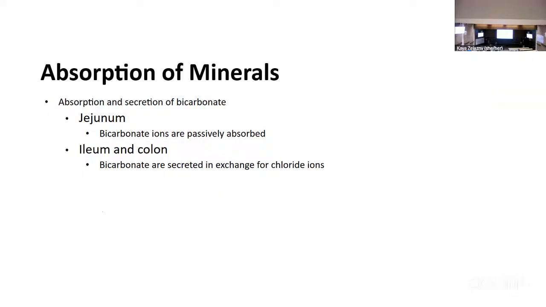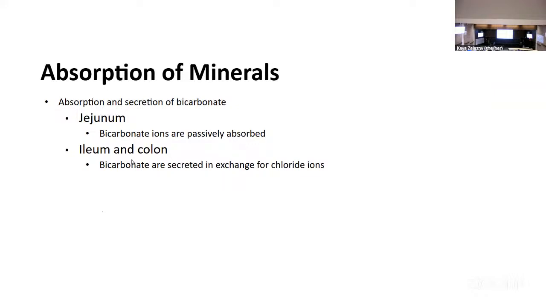One of the sources, hopefully the main source of that bicarbonate, is your diet. So you're eating something that has bicarbonate in it. It's going all the way through your digestive tract until it gets to the jejunum. So in the jejunum, we're going to start absorbing some of our bicarbonate ions, passively absorbing them.